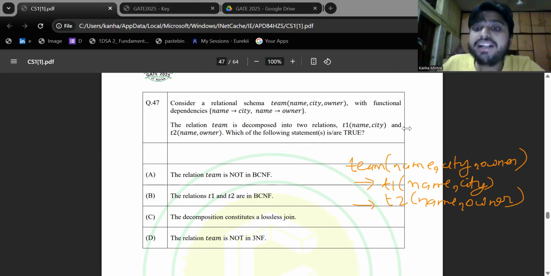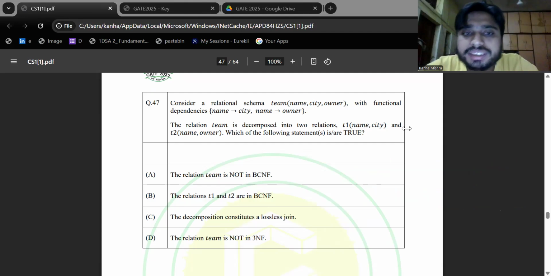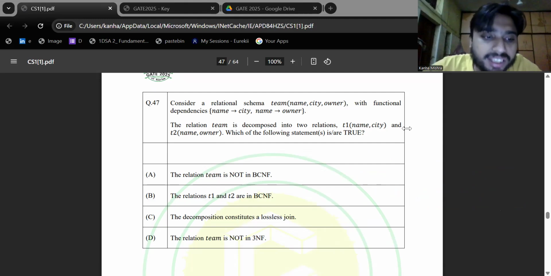T1 has name and city, and T2 has name implying owner. So the dependency preservation is also satisfied. Now, let's talk about the given options. The schema is decomposed into T1 and T2, and preservation of functional dependency is already satisfied, as you can see.